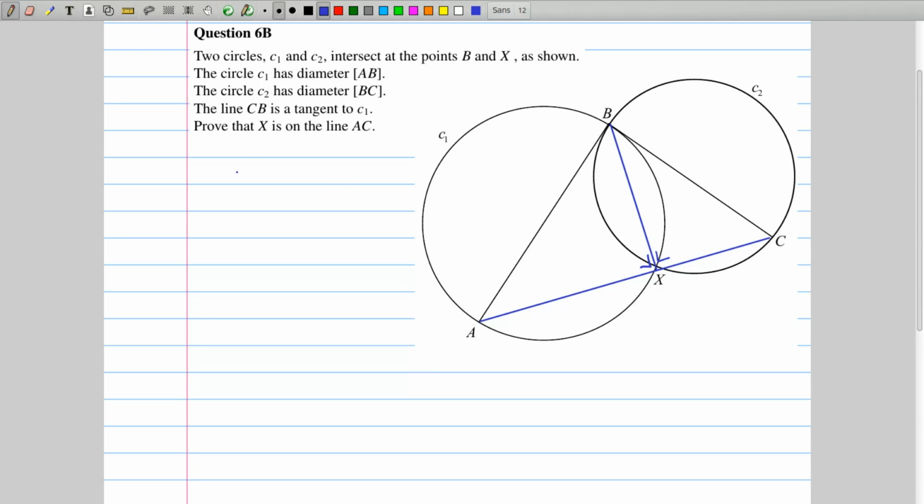We can use that information then, so we know how we describe these angles. AXB, that's the same as the angle BXC, and that's 90 degrees because they are angles in semicircles.